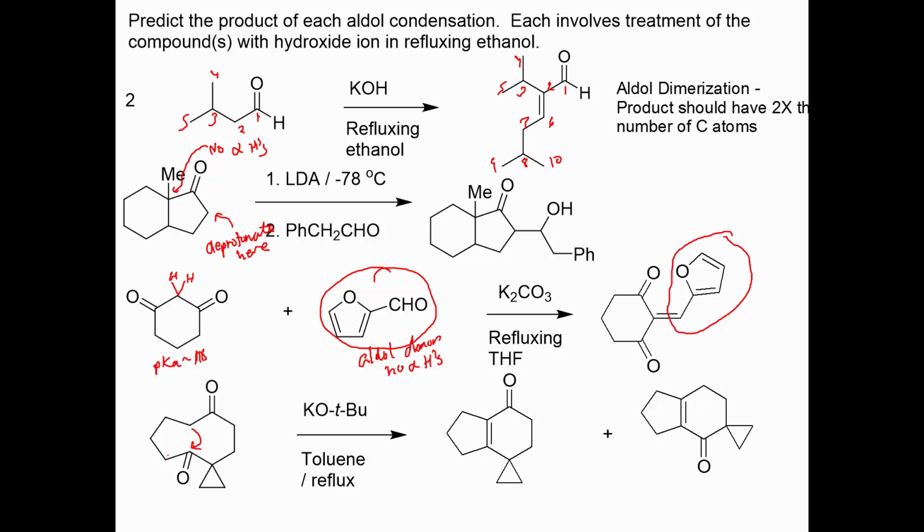And we can take this one here, and this gives us a 1, 2, 3, 4, 5-membered ring over here. And that gives you the product there.